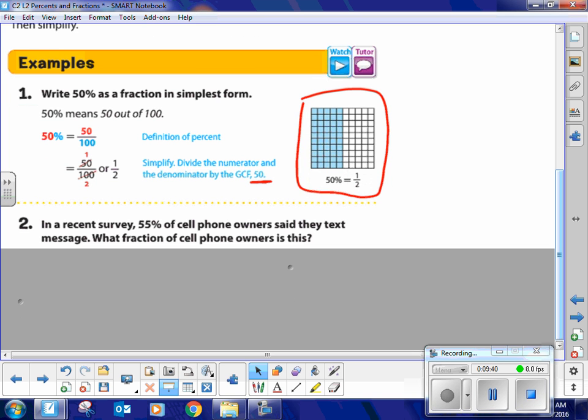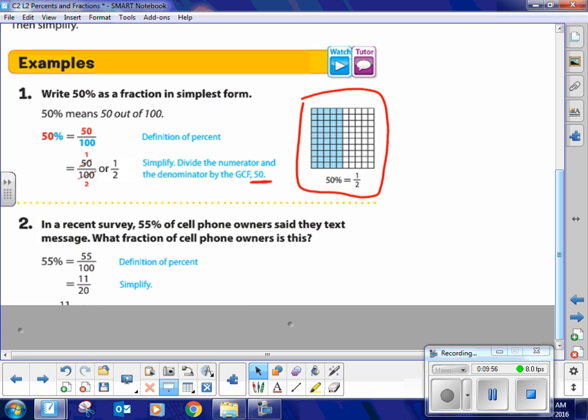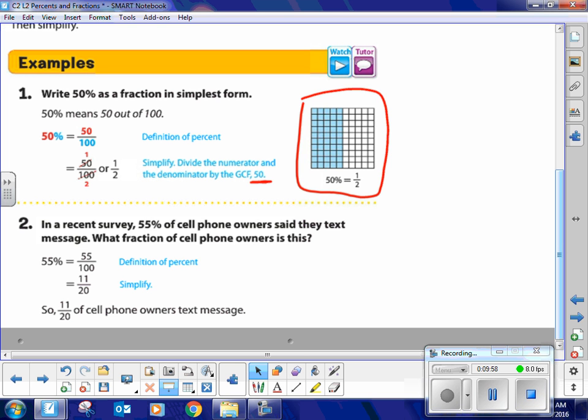In a recent survey, 55% of cell phone owners said they text message. What fraction of cell phone owners is this? Again, 55 is compared to 100, because a percent is a number being compared to 100. So they have 55 over 100, and then they simplify, and it comes down to 11 over 20.